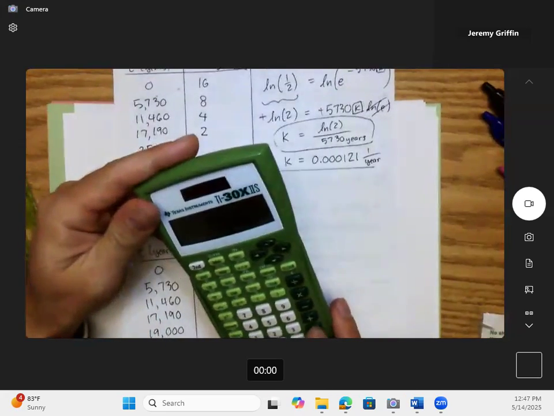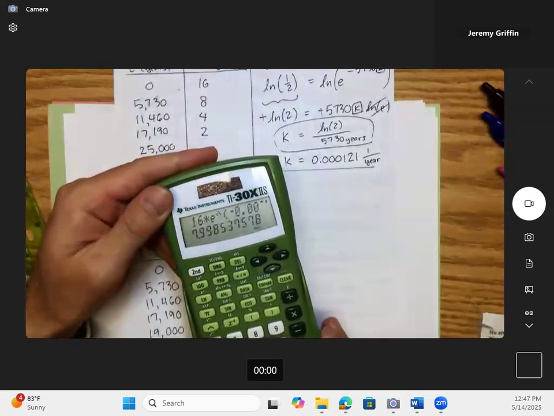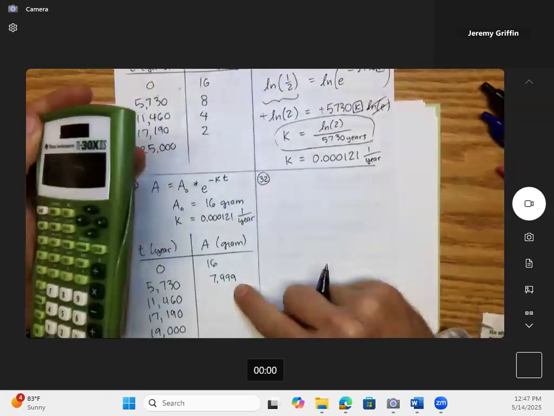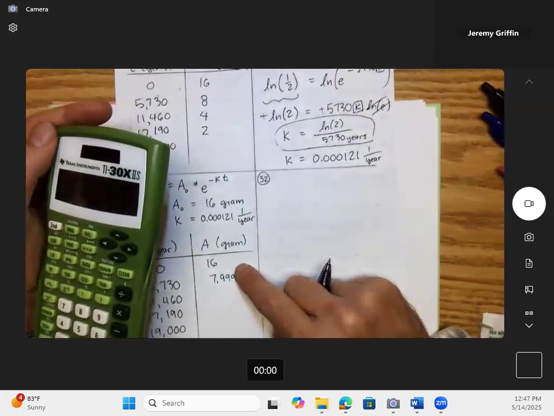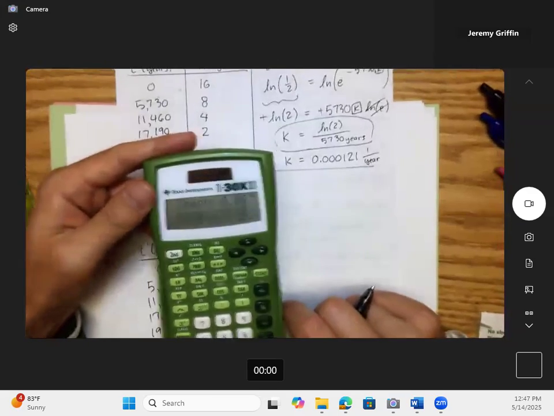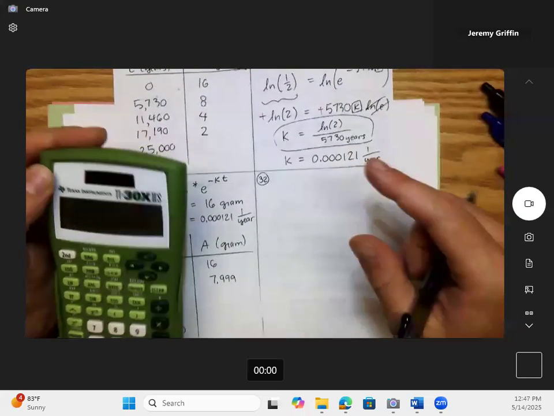Okay, let's see. Ooh, 7.999. So basically 8. But really, realistically, we don't even know 4 digits of precision. Maybe 2 or 3. So you can call it 8. This k value is rounded, that's why it's not exactly 8.